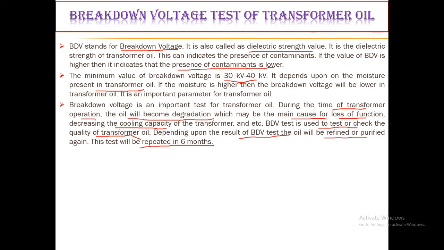But if after the purification you still have not achieved the required value, then it indicates that your oil is completely contaminated. It has lost all its insulating properties and heat transfer capabilities, so it needs a replacement. Otherwise it may turn the transformer action into a catastrophic failure.